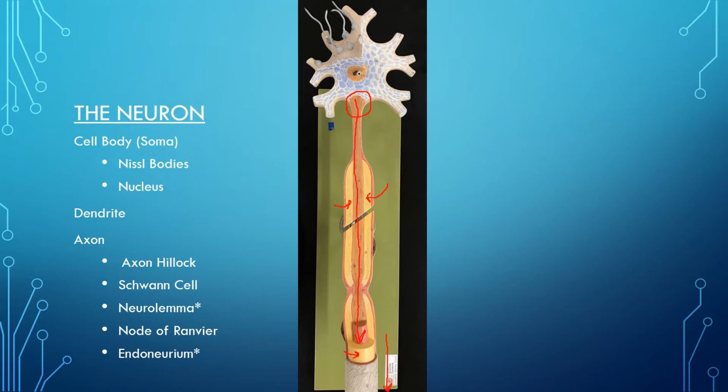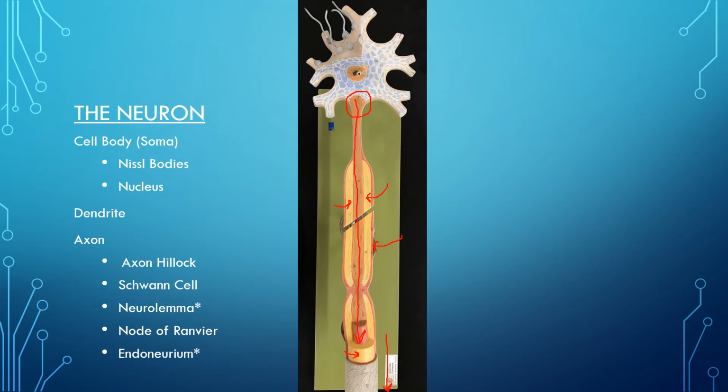The outermost layer of the Schwann cell is called the neurolemma, and you can see it here. You'll know the neurolemma when you see it because usually this is where the cytoplasm for the Schwann cell has gotten forced to the outermost layer of the cell, and that's where you're going to find the nucleus.